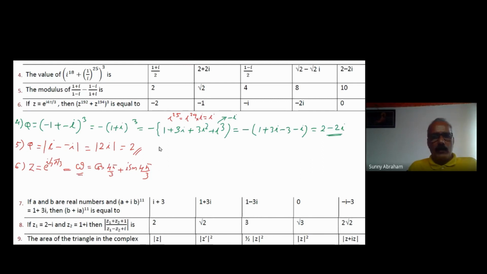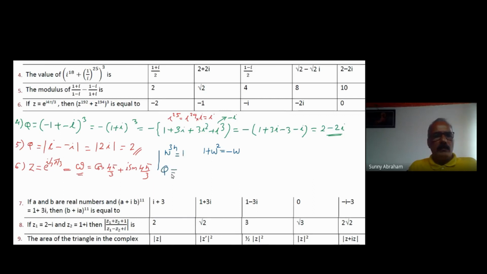Now, what are the properties of omega? That is, omega raised to 3n is equal to 1. 1 plus omega square equal to minus omega, and so on. Okay. Now, what is the question now?